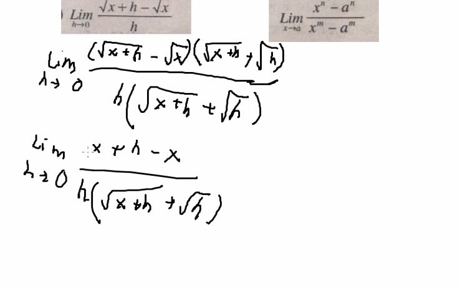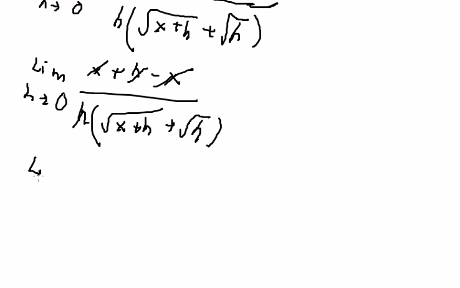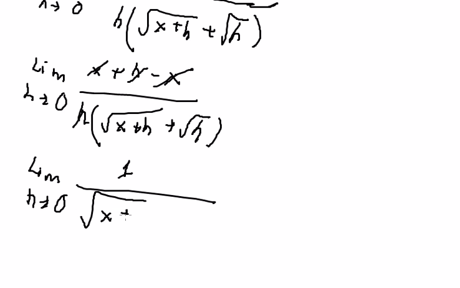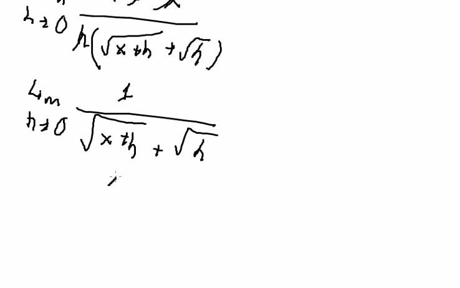So we have s minus s, we cancel, h divided by h we cancel, and now we just have this one left. So we put h equal to 0 in here, and you get 1 over the square root of s.